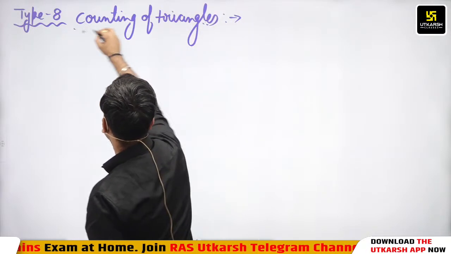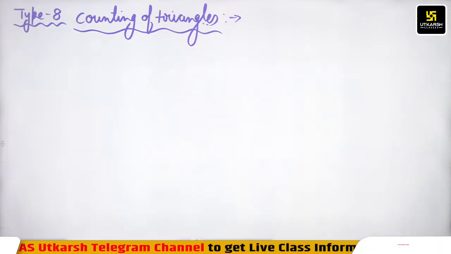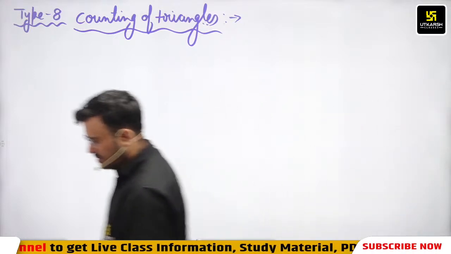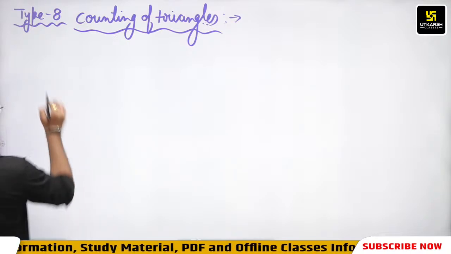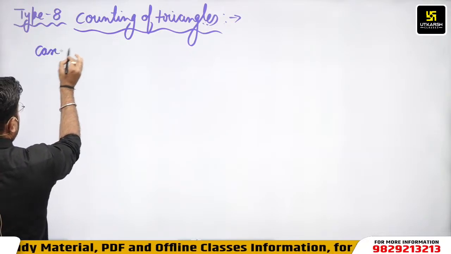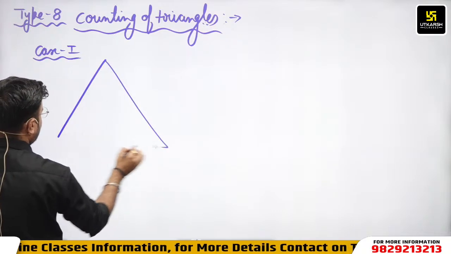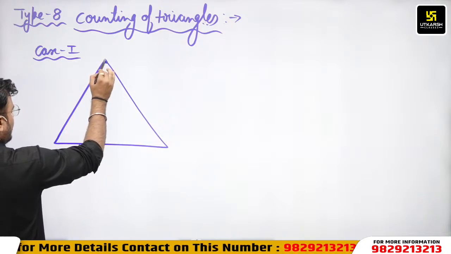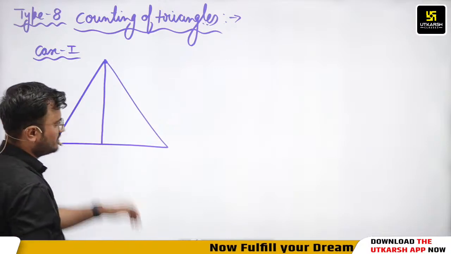So in counting of triangles, there are some basic figures that we need to understand. The first basic figure is a triangle having some lines drawn from one vertex to the opposite side.